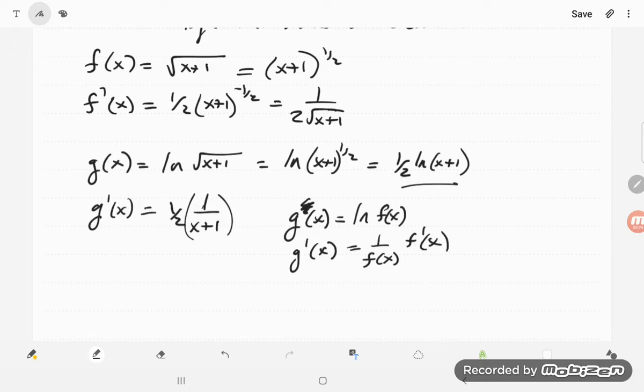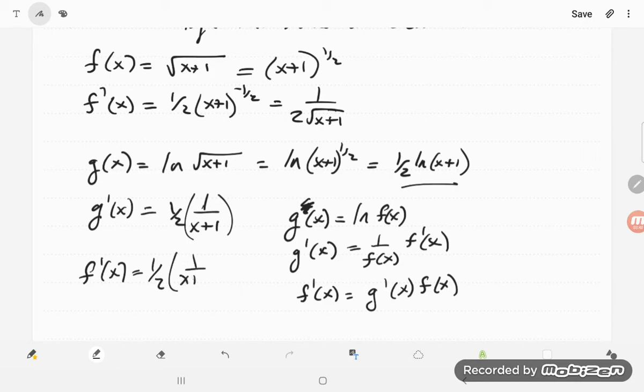And so then f prime of x is just g prime of x times f of x. Pretty nifty. So f prime of x is 1/2 times 1/(x plus 1) times the square root of x plus 1.